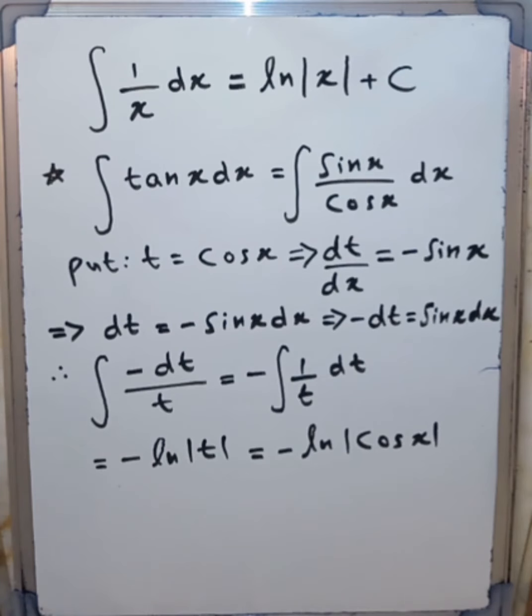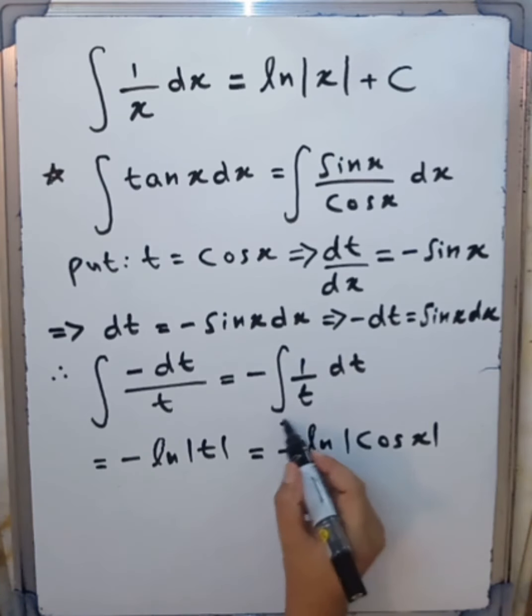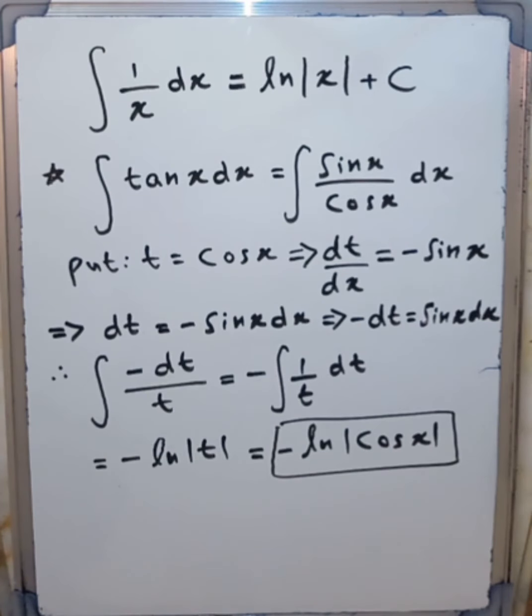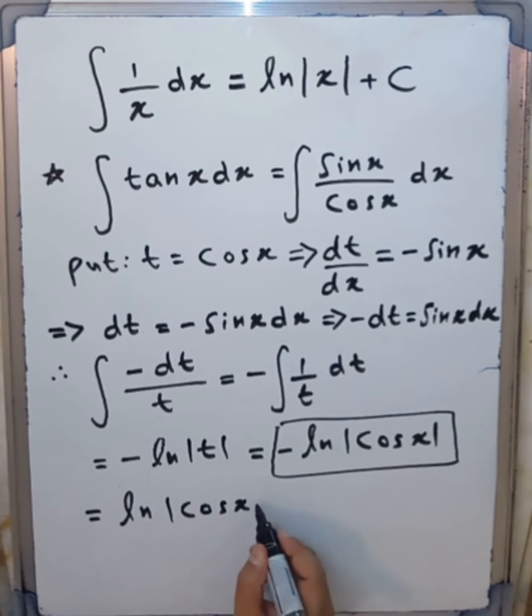This formula which we have received can be written in another form. Using the property of log, we can write it as ln absolute value of cosine x power -1.